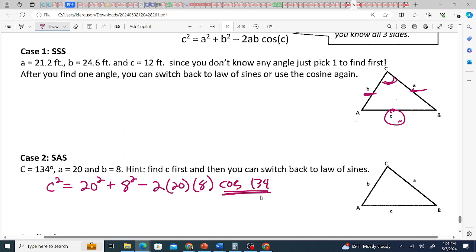Now, you have to use a calculator for that, and that gives you some decimal. But then, I guess you can use a calculator for the rest of it. That's 400 plus 64 minus 2 times 1600 times whatever that is.